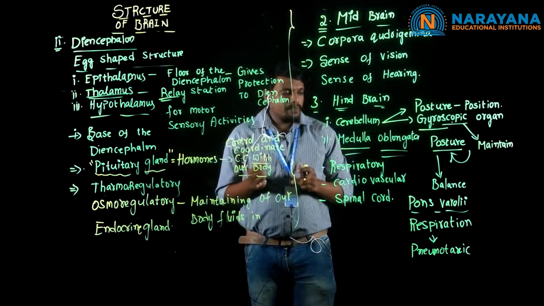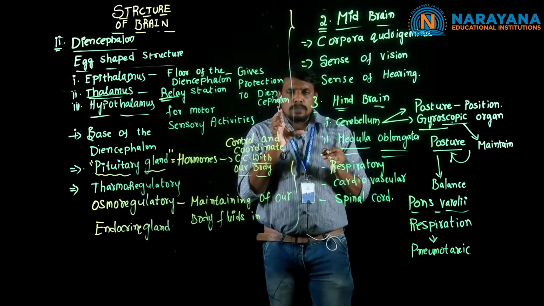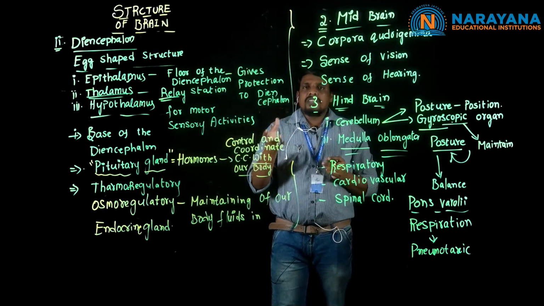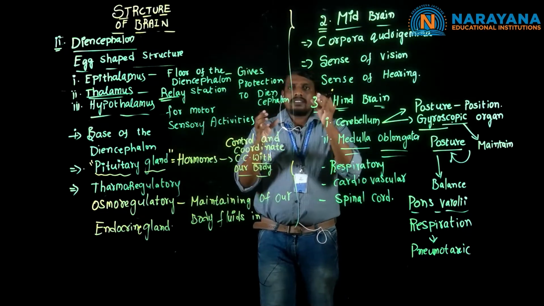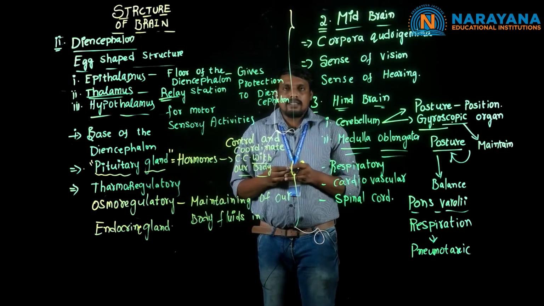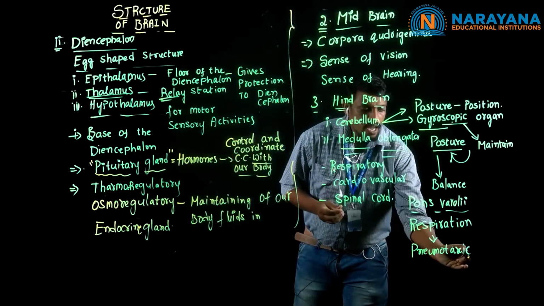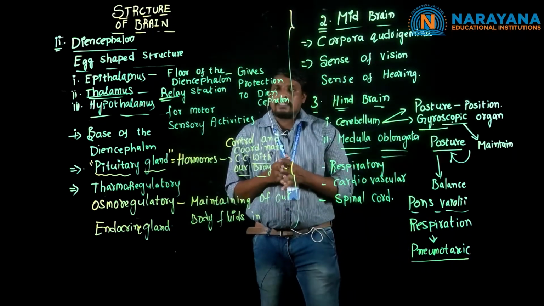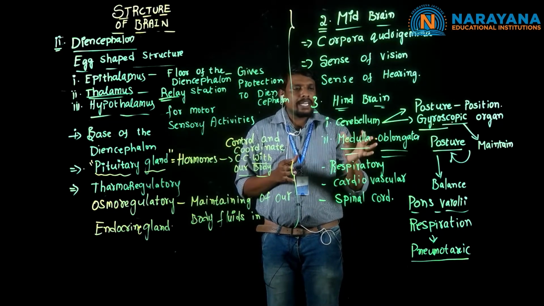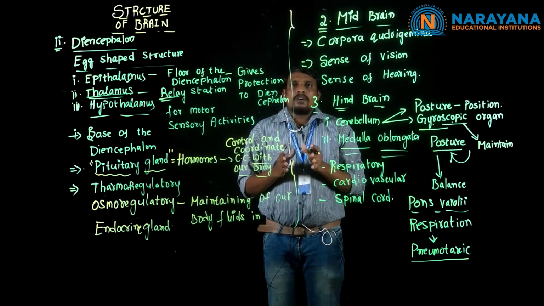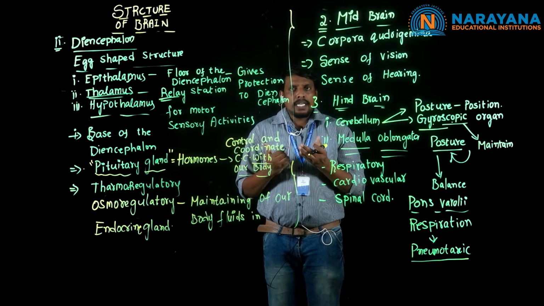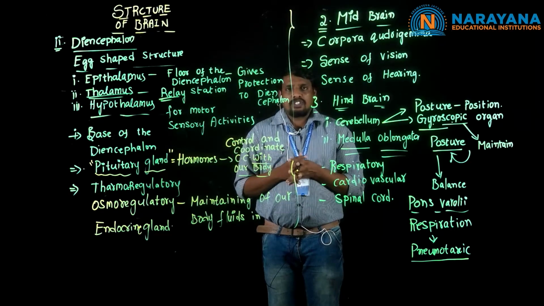Let me explain once again. When the gases are diffused into the blood, you know that in the respiration chapter, we have already learned how oxygen is diffused into the blood. When oxygen is entering the blood, the concentration of the blood increases, isn't it? I want to give the meaning of pneumotaxic center. The pneumotaxic centers are located in the pons varolai, which are responsible for maintaining the concentration of the blood during inhalation and exhalation.